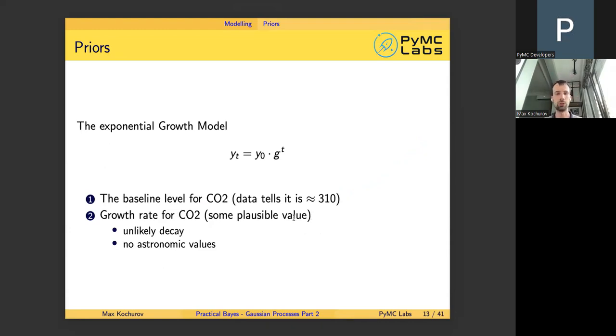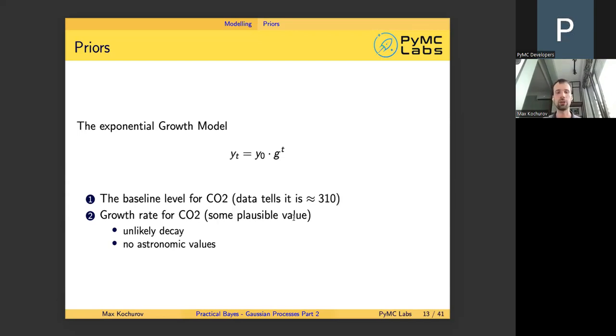What we also need to think about is our priors. So we have to make such priors that we don't get black holes of CO2. If we measure density, we shouldn't go to some nonsensical negative or low values close to zero.